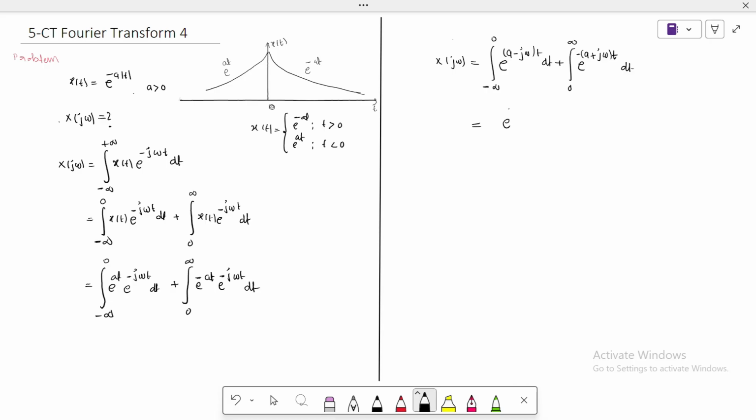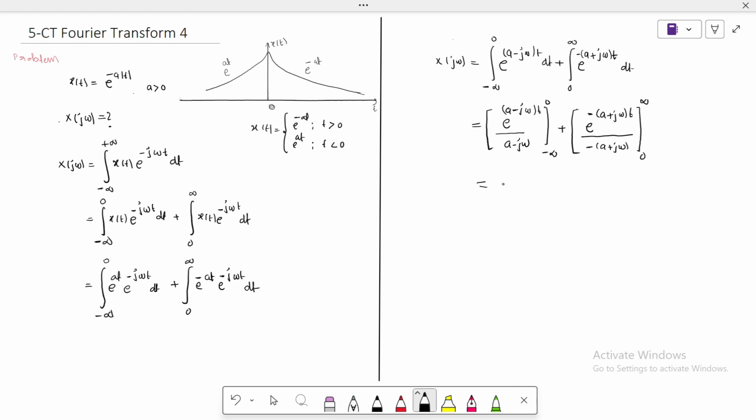So we get e power (a minus j omega) t by (a minus j omega), with limits minus infinity to 0, plus e power minus (a plus j omega) t by minus (a plus j omega), with limits 0 to infinity.